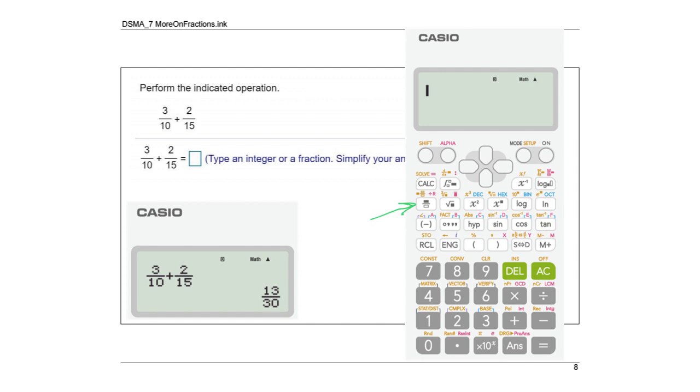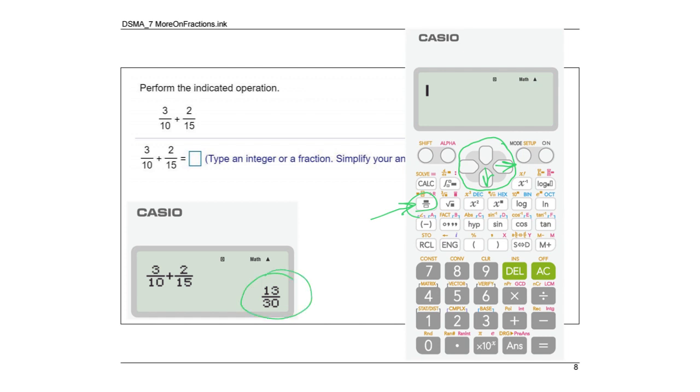So you'll be able to enter the 3 on the top, and then you want to arrow down. These are your arrow keys here in the middle. You're going to arrow down and put in the 10, and then you're going to arrow to the right, put in your plus sign, hit your fraction key again, and put in 2 over 15. Once you hit equal sign, the calculator is going to do all the work for you.